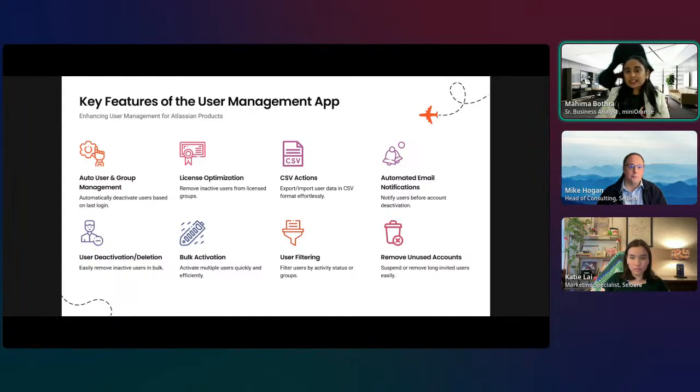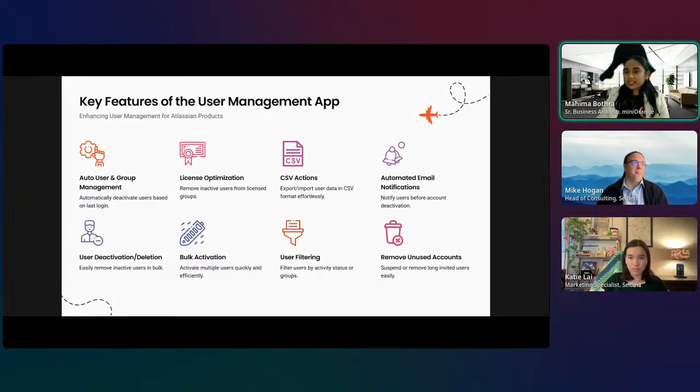I think this app helps you automate user management without any code. There are toggles; you just turn them on or off and put in the number of days, how many days you want to notify the users, and what the last login days are.